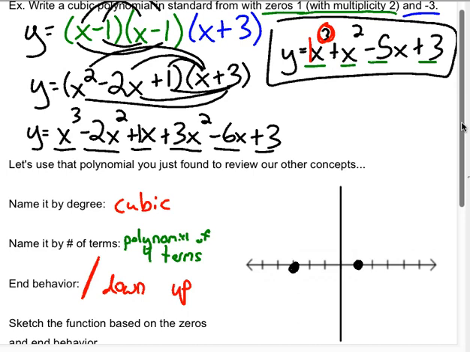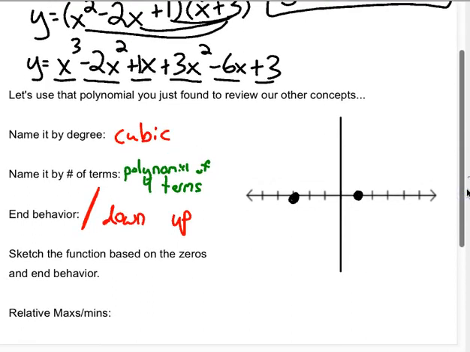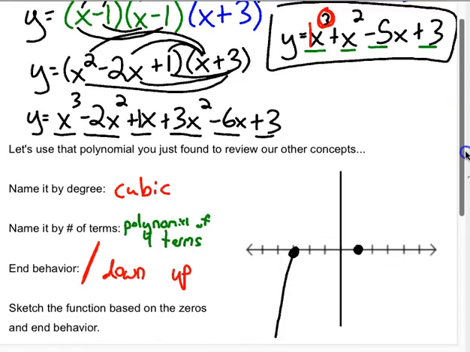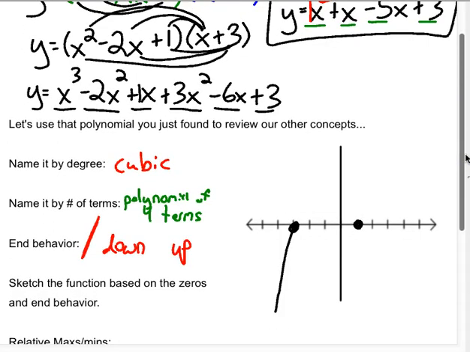And now we also know the end behavior, right? We know that this polynomial on the left-hand side is starting down. So our polynomial is starting here. Then we talked about when the solution has an odd power. So here, this has an odd power, so it just goes through it like this. Well, it's going to have to curve back down eventually. We don't know how high it goes, but it's going to have to curve back down to head towards this 0.